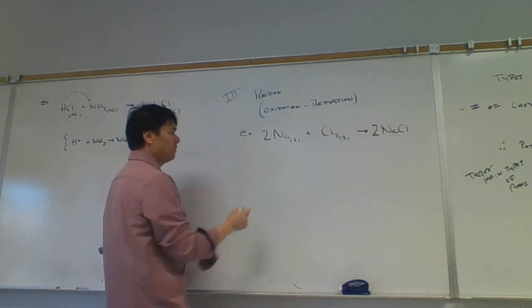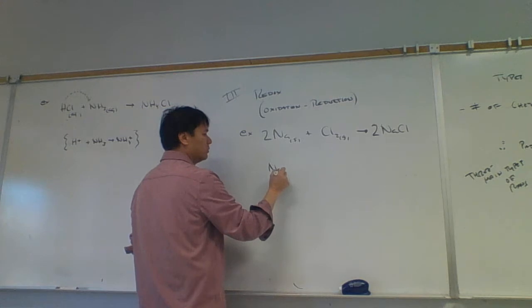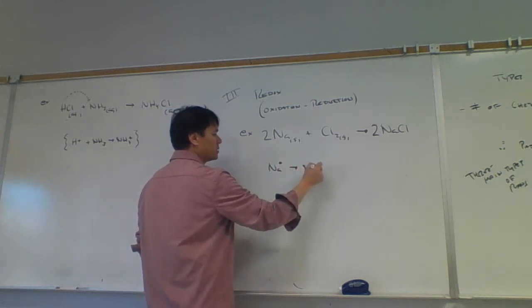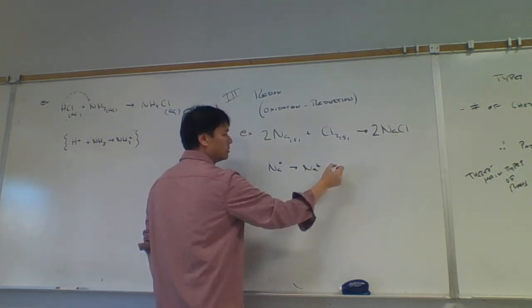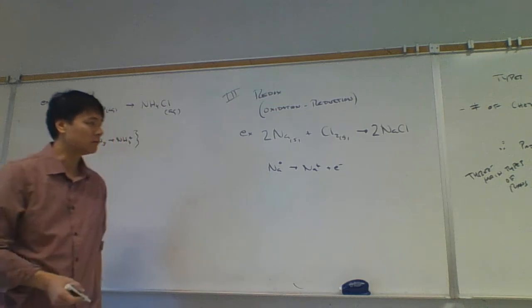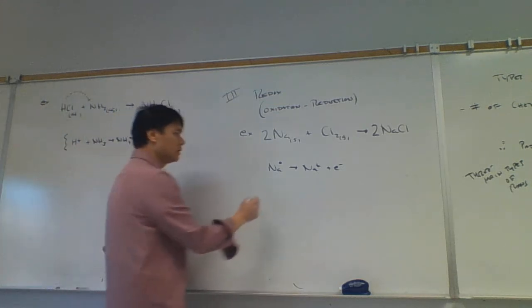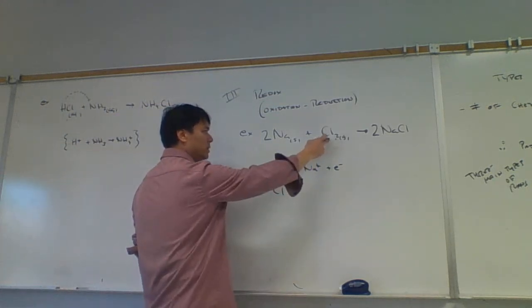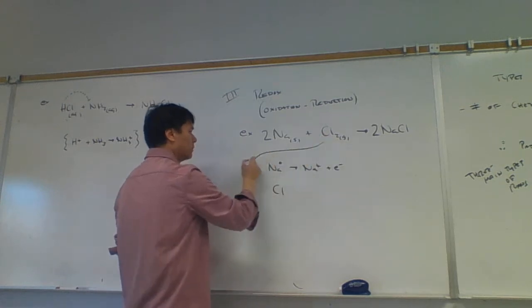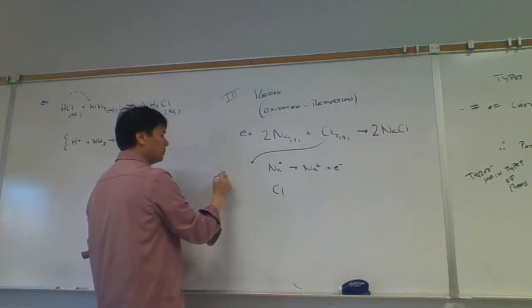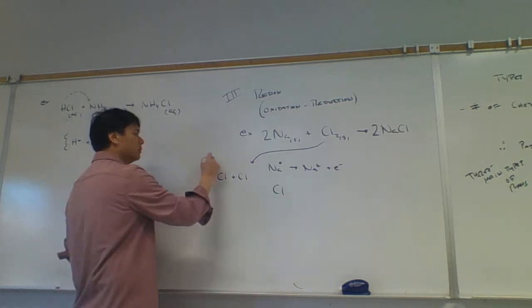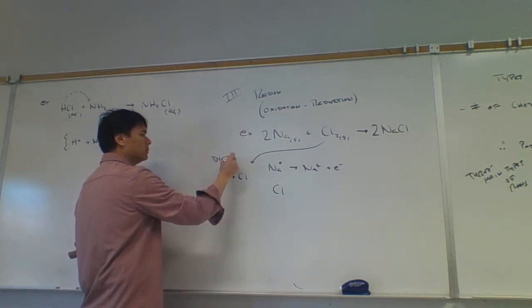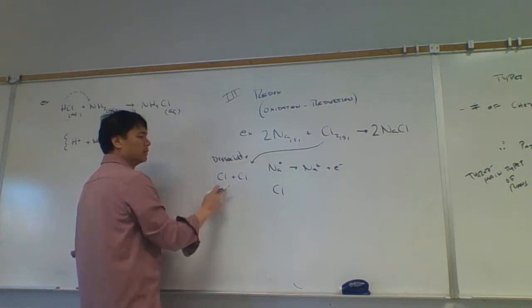Essentially what happens here is the sodium goes from a 0 charge to sodium plus. In order to go from a 0 charge to a positive charge, it has to lose an electron. This electron is going to be the negative charge there. For the chlorine, we'll take the Cl2 molecule and dissociate the bond, so we have a Cl.